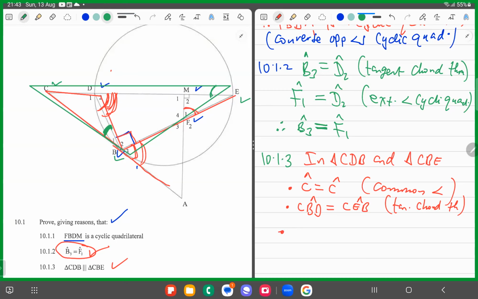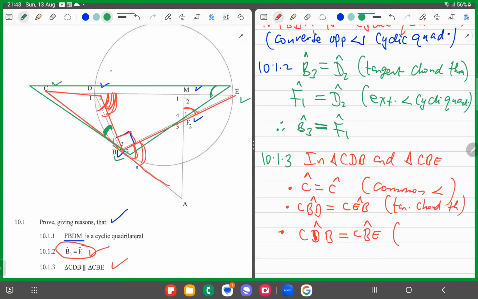Okay. Angle CDB is equal to angle CBE. Here's the third angle, this one.